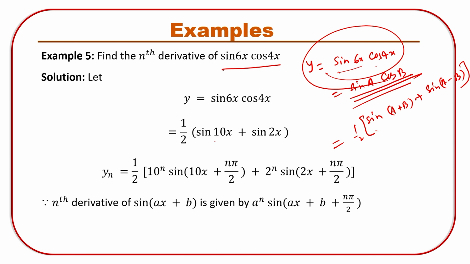This will come out to be sine (6x plus 4x), sine 10x, and sine (6x minus 4x), sine 2x, and divide by 2.